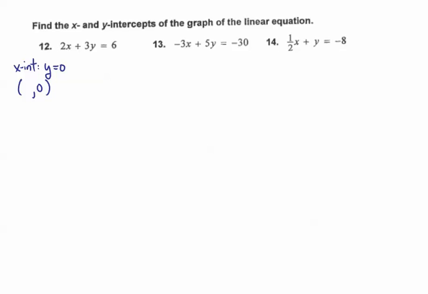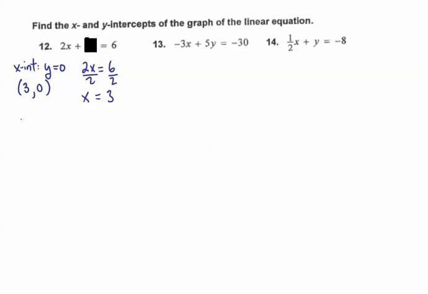Now when y is equal to 0, then we can cover up the y term, and we end up with 2x is equal to 6, divide by 2, and x is equal to 3. So in this case, the x-intercept is 3, the y value will be 0.